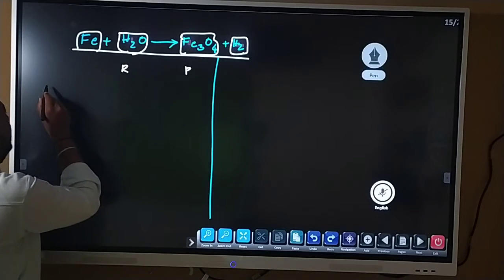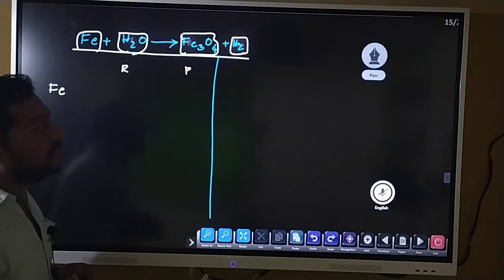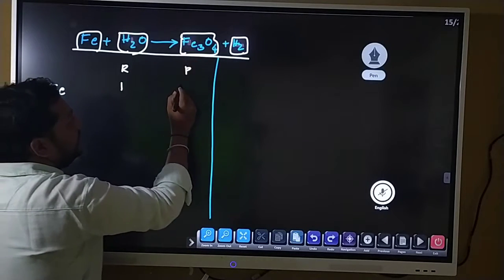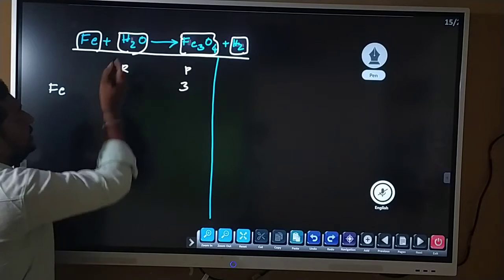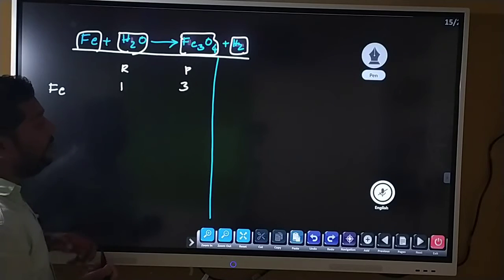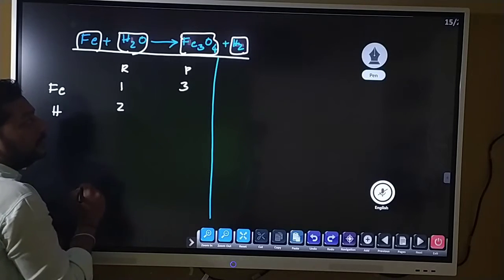Now start with iron. How many iron atoms are on the reactant side? Here it is 1. On the product side we have 3. Next, don't use water molecules; inside a water molecule, we have to separate the atoms. Hydrogen atoms: on the reactant side, there are 2 hydrogen atoms.